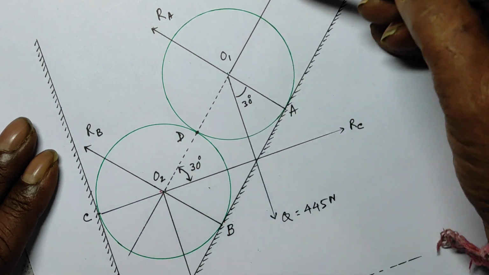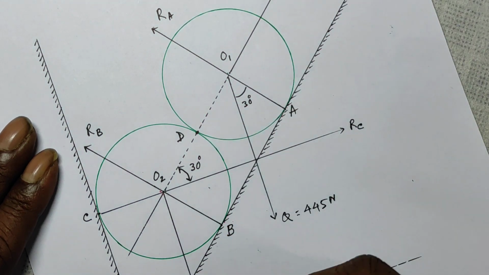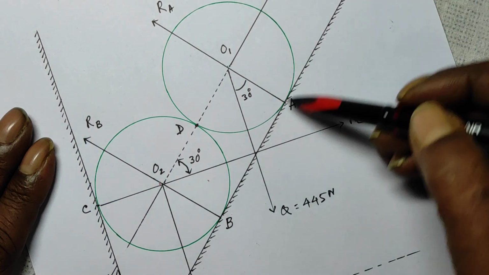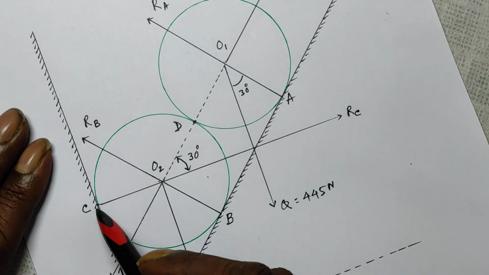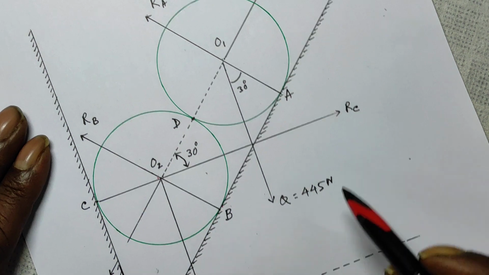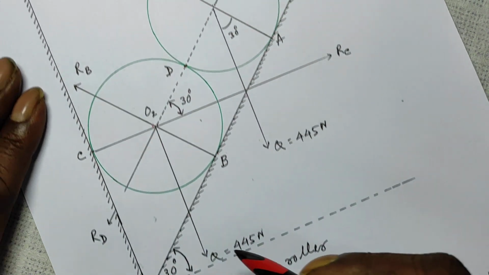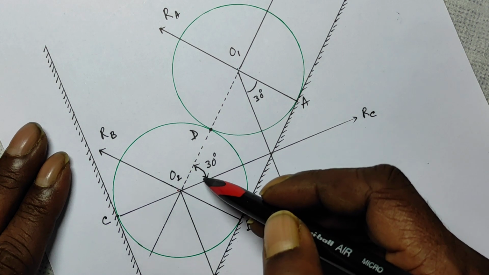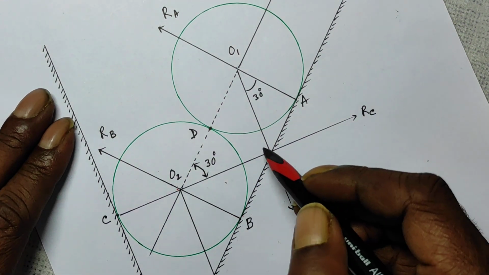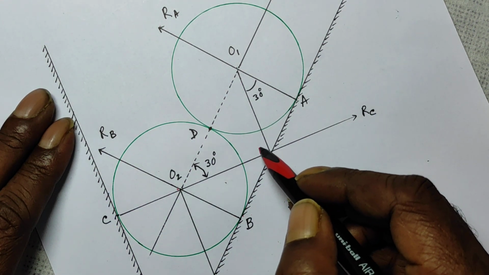Therefore this line is parallel to this line, and this line is parallel to this line. Since this angle is 30, therefore this angle will also be 30 degree. And here it is 90.